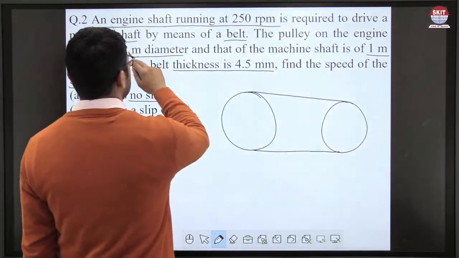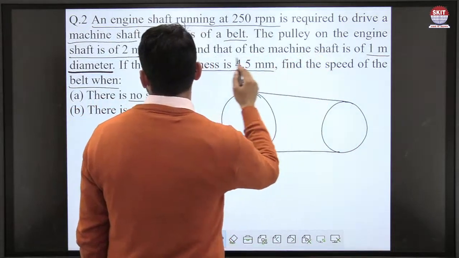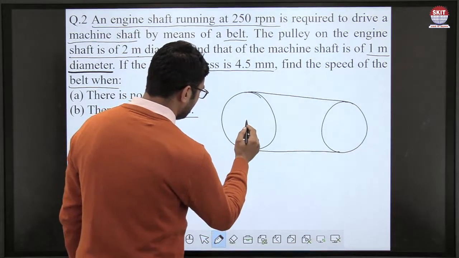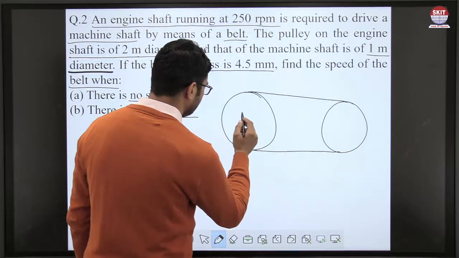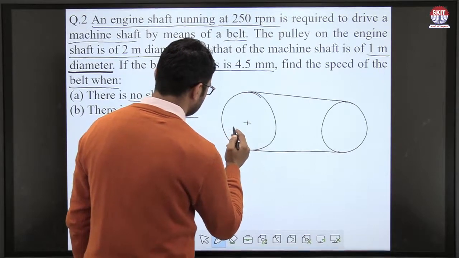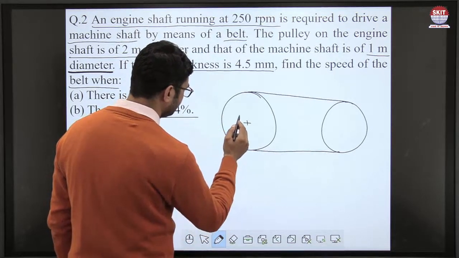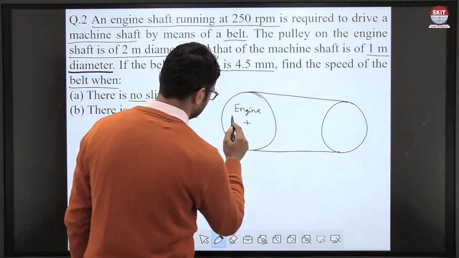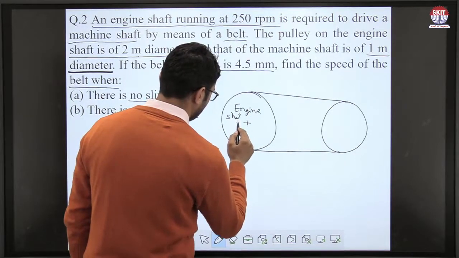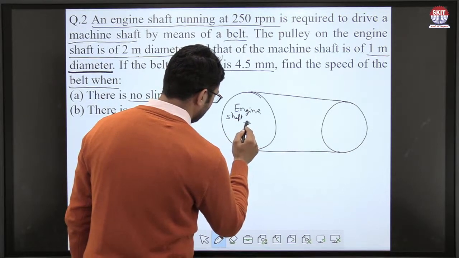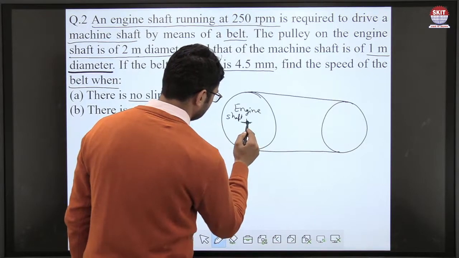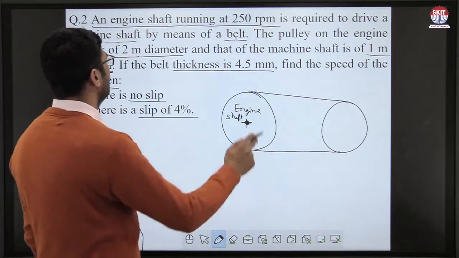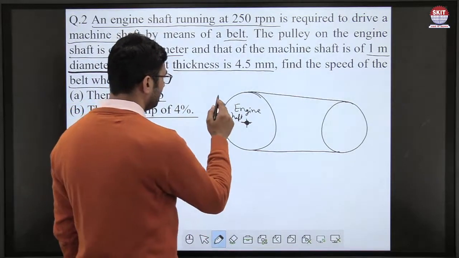Given is the machine shaft, and the pulley on the engine shaft is 2 meter. This is the engine shaft, and this is the pulley which is attached on the engine. This circular portion is the shaft of the engine, and the pulley on the engine shaft has a diameter of 2 meter.